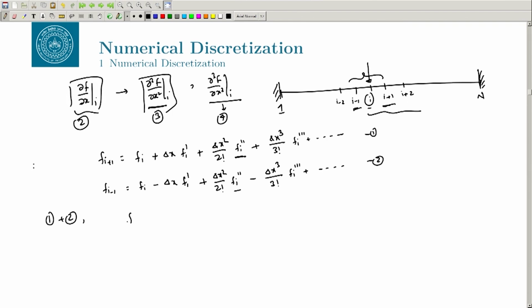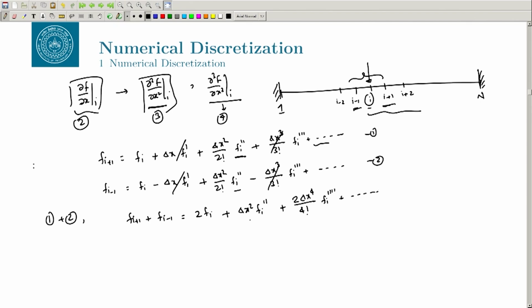If you do that, this will become f I plus 1 plus f I minus 1 equal to 2 f I; the first order terms cancel out, and this will become delta x square f I double prime, and then the odd terms cancel out, and there will be a fourth term also. That will become 2 into delta x to the power 4 by factorial 4 f I fourth prime, and so on.